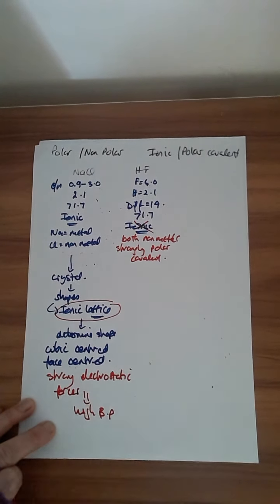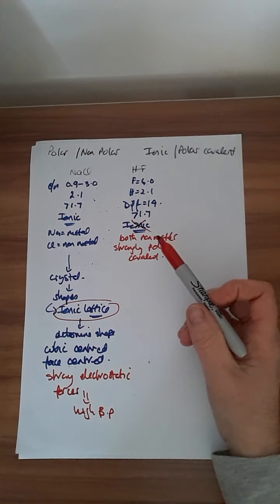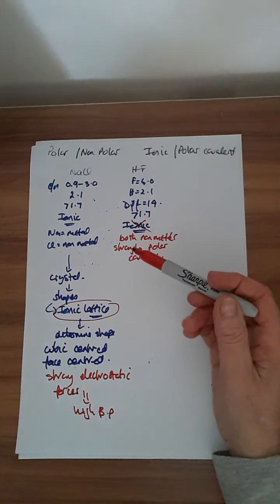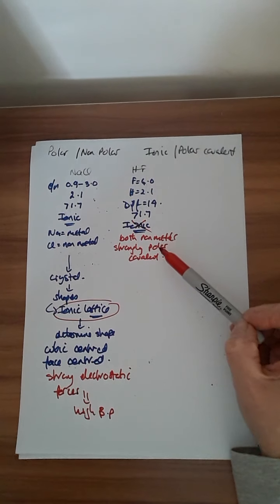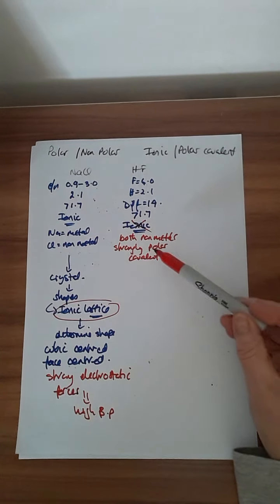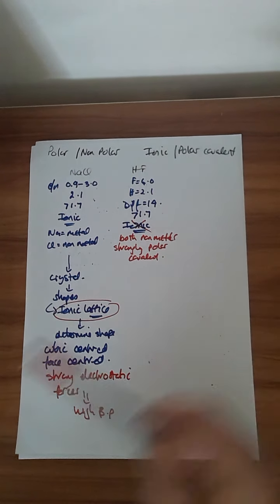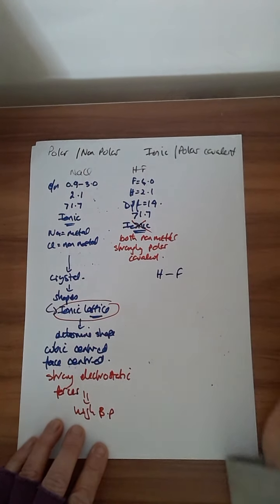Okay, right. Now come over here to hydrogen fluoride. Again, it's strongly polar covalent. It's not ionic, strongly polar covalent. Because it's strongly polar covalent, it has centers of positive and negative charge separated from each other.